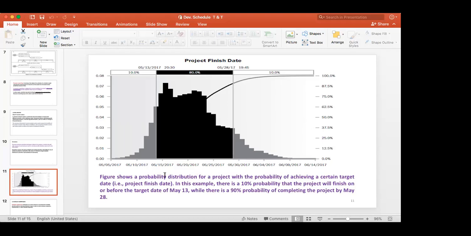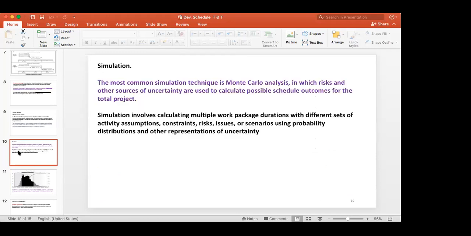Now you see, the figure shows the probability distribution of a project, with a probability of achieving certain target dates. In this example, there is a 10% probability of completing the project by May. Probability means we have fixed the date, but you do a simulation.